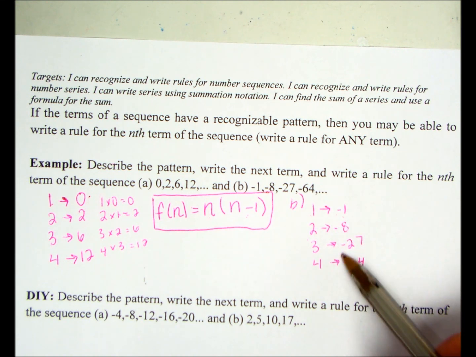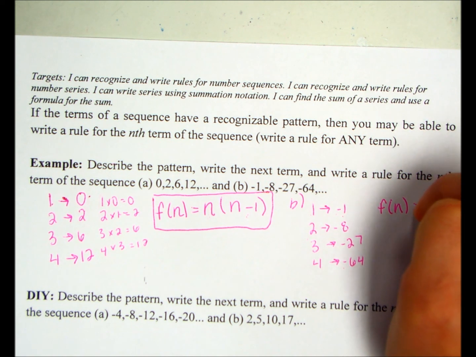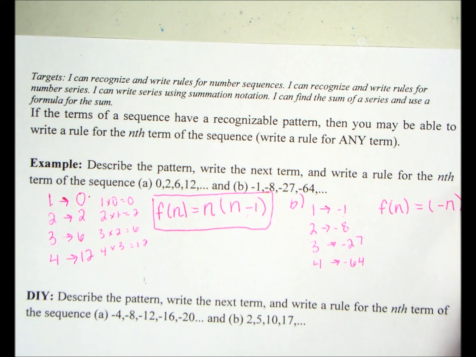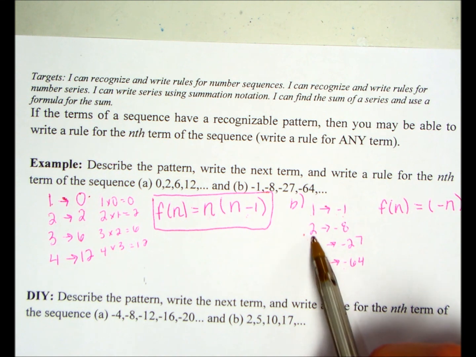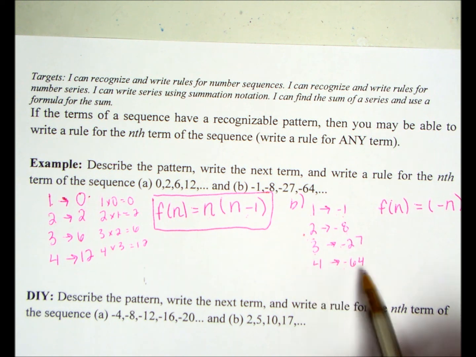Well, since all of these are negative, when I write my rule here, I think that I'm going to have a negative n value, and it has to be raised to an odd power in order to keep it negative. Well, 2 raised to what power will get me 8, and 3 raised to what power will give me 27, and 4 to 64?